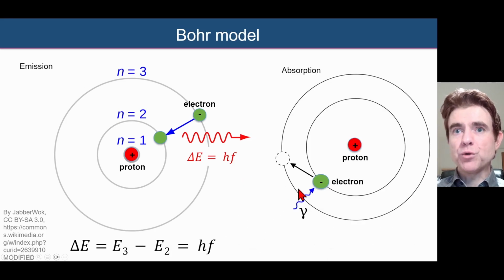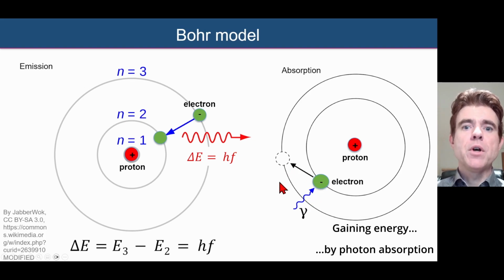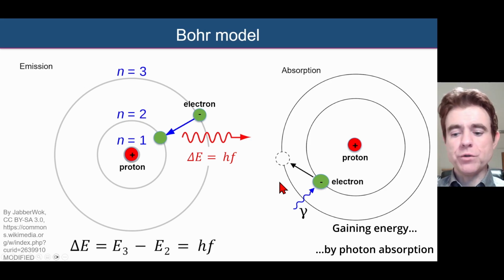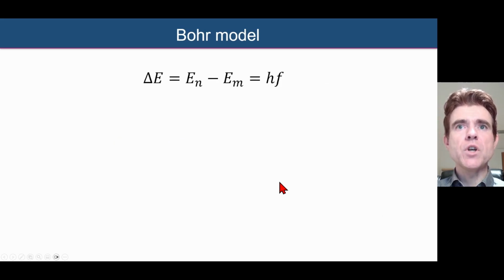Next, the example of absorption, whereby if there's a photon of just the right frequency or wavelength corresponding to the difference in energy between two of those energy levels, then the electron, when absorbing that photon of just the right energy, can go up an energy level, or indeed multiple energy levels on absorption of just the right frequency of light. Okay, so that's the core model there.